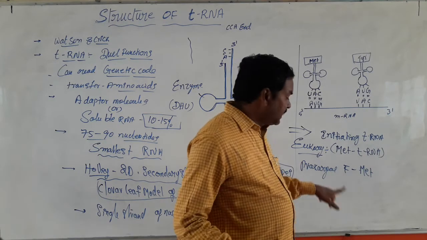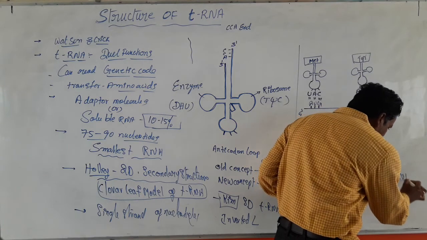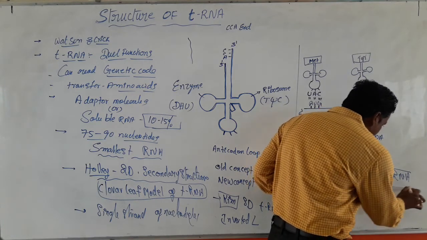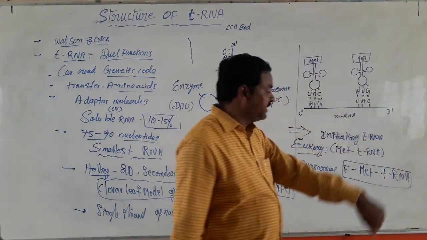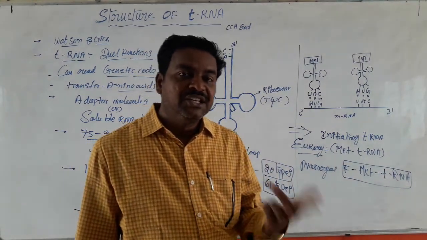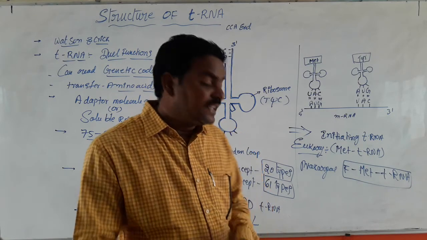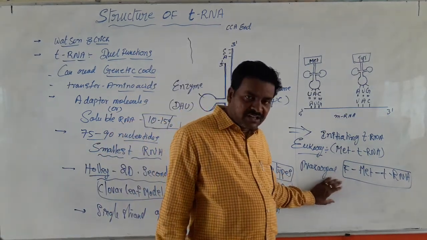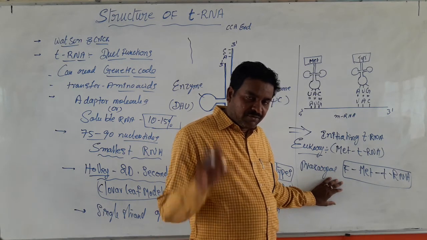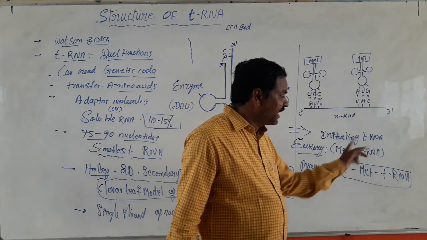The tRNA that carries this formyl methionine is called formyl methionine tRNA. So the first tRNA, called the initiating tRNA, carries methionine, but in prokaryotes this methionine also carries one formyl group, so it is called formyl methionine tRNA.